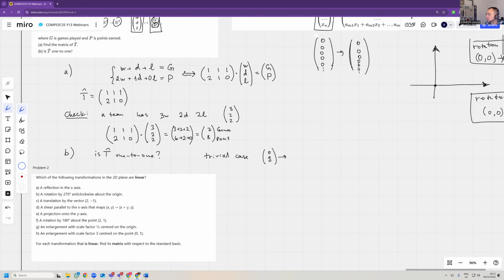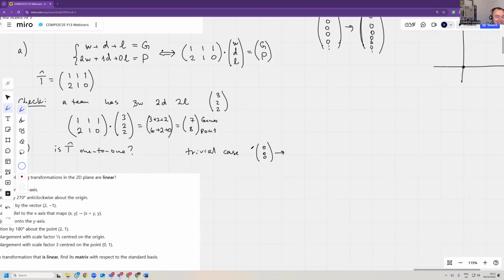Just realized something. Okay, in the context of this problem, if you had 0 games, 0 wins, 0 draws, and 0 losses, you played 0 games and you scored 0 points.